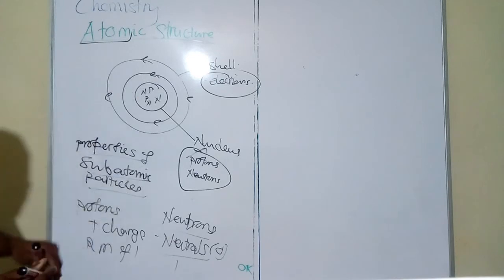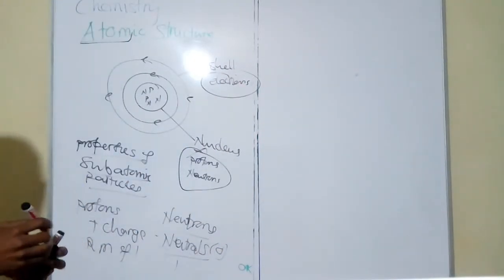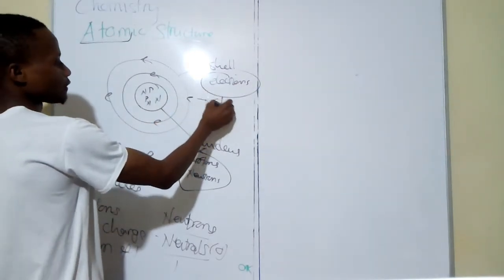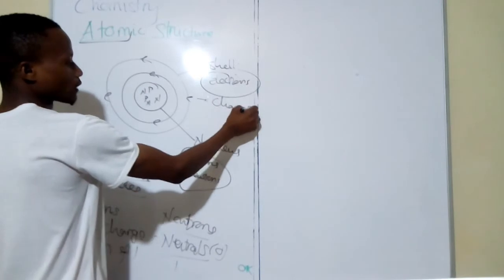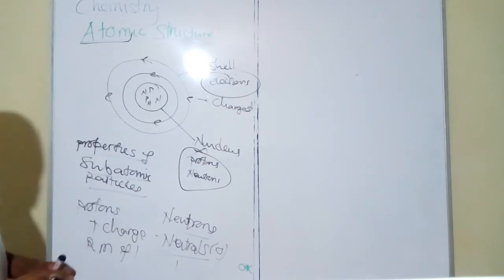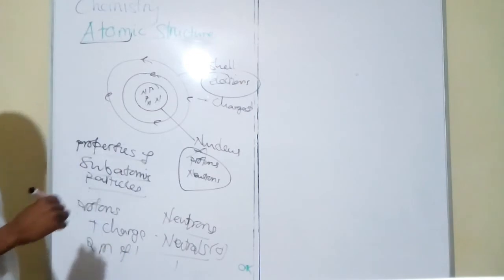Then we have electrons. What are the properties of electrons? Electrons are negatively charged, they have a negative charge. Then the mass is nearly 0. The relative mass of these electrons is nearly 0.